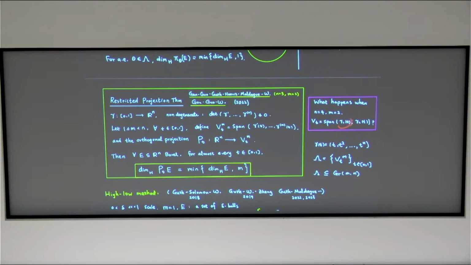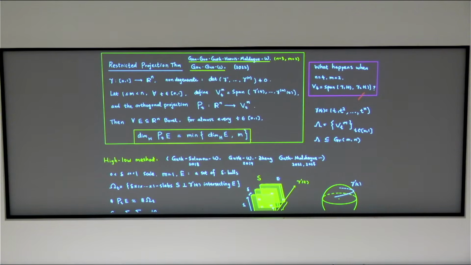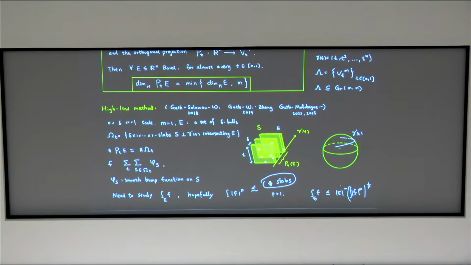We just take two curves, gamma 1 and gamma 2, assume that they are, let's say, generic. We can also say that they are polynomial curves. Then what do we know? Do we still have this kind of best possible projection estimate? It's not clear. So yeah, this could be a nice problem to think about, and it's not clear if this high-low method would give the solution.